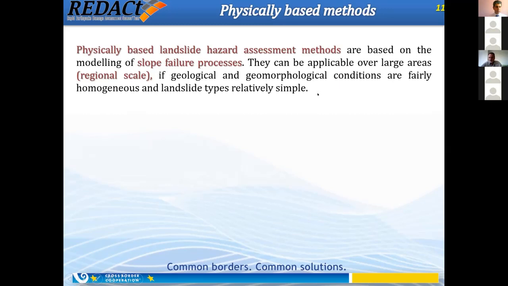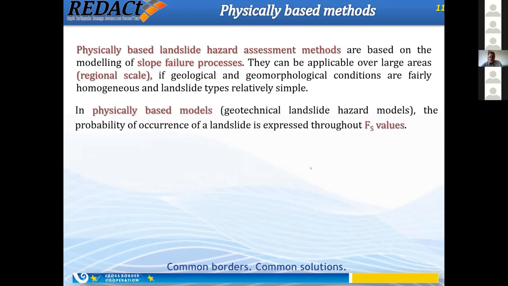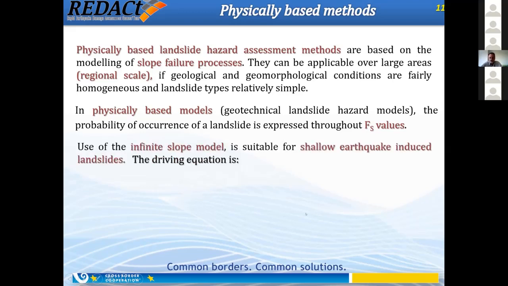They can be applied over large areas, let's say at regional scale, provided that geological and geomorphological conditions are fairly homogeneous and that landslide types are relatively simple. In physically based models, the probability of occurrence of a landslide is expressed via the factor of safety and the values obtained for it.